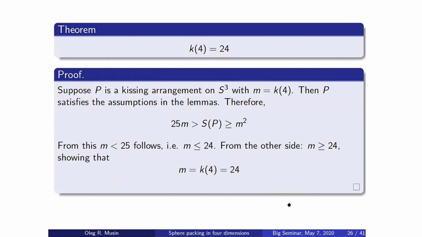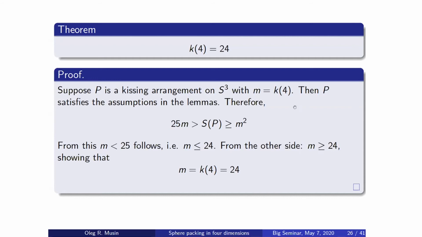Then immediately these two lemmas imply the proof of the kissing number 24 in the following way. We consider a kissing arrangement. We call it a kissing arrangement on the sphere if the angular distance is at least 60 degrees. In other words, the inner product of these two vectors is less than or equal to 1/2.